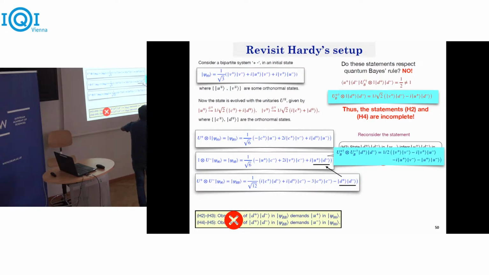That is why I don't want to say something here, because while I was thinking about that, if I invoke the quantum Bayes rule inside Hardy's setup, it's not very easy to say something precise. You see a contradiction, and this contradiction comes either from violation of local realism or from violation of this Bayes rule, but you cannot figure out from where, or maybe altogether they result in this contradiction.